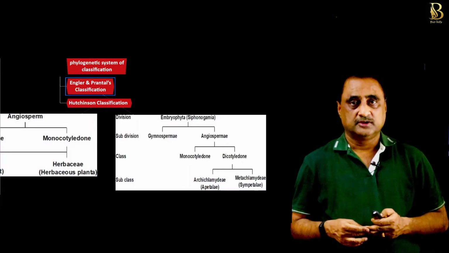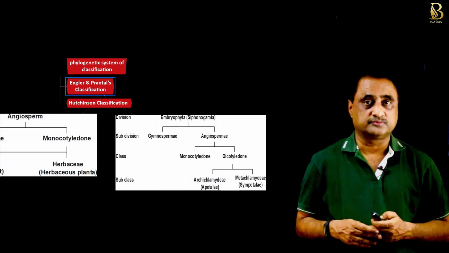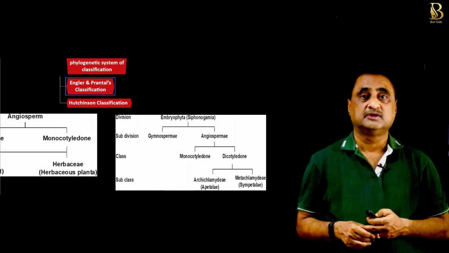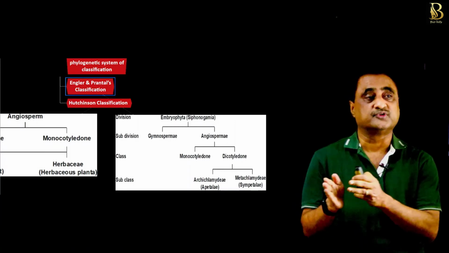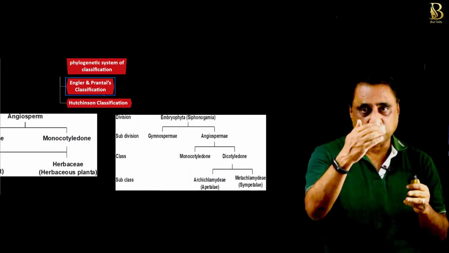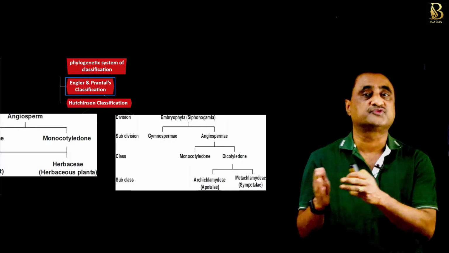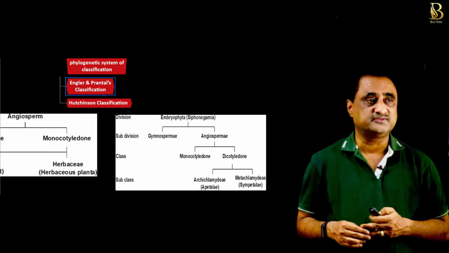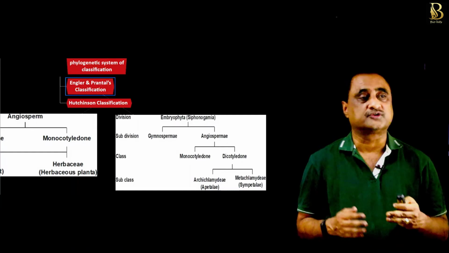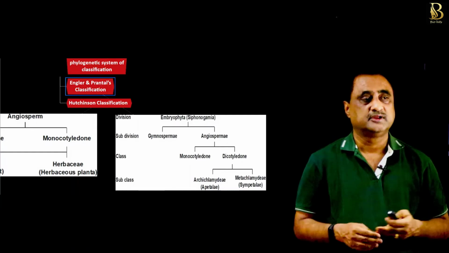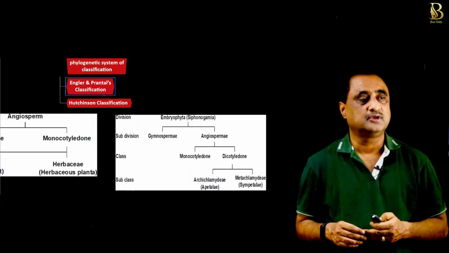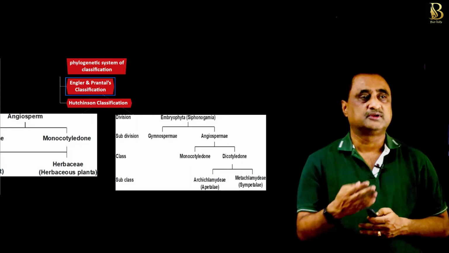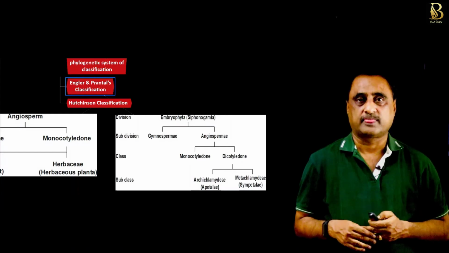Here you can see the classification of Engler and Prantl. Embryophyta is divided into gymnosperm and angiosperm, which is quite correct based on evolution. Then angiosperm is divided into monocot and dicot, and the dicot is divided into achlamydeae and monochlamydeae. That is the basis of classification of Engler and Prantl.